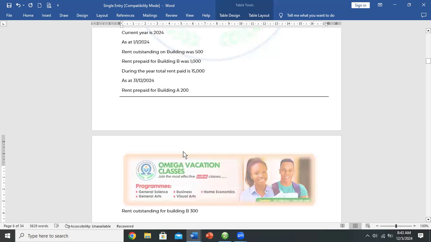Dear professors, if you are given this information and they ask you what is the total rent paid on building for this business, you see that it's going to be chaotic because you have a lot of figures, right? Some are prepayments, some are owings, some we brought from the previous year. During the year, we have paid some rent. If we ask you to find what is their total rent for the year 2024, it's going to be chaotic. Unless you know maybe from the tenancy agreement how much they are supposed to pay for the year 2024.